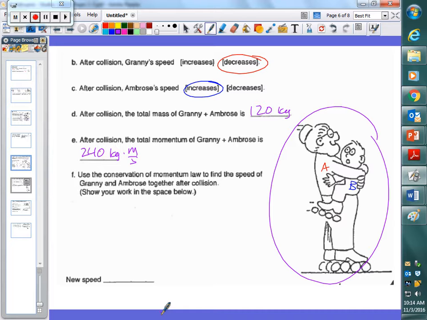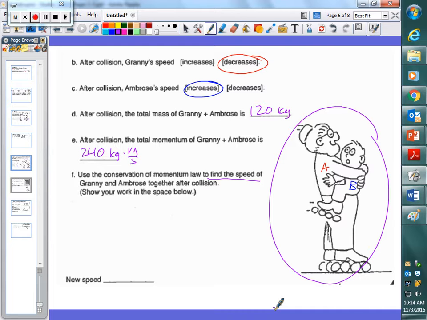So, we know that Granny and Ambrose have to have a momentum of 240, but now, because they're held together in the same system, their mass is 120. So, what will be the speed of Granny and Ambrose?